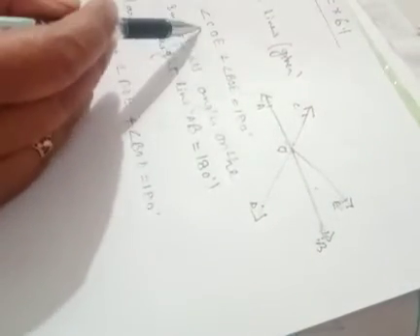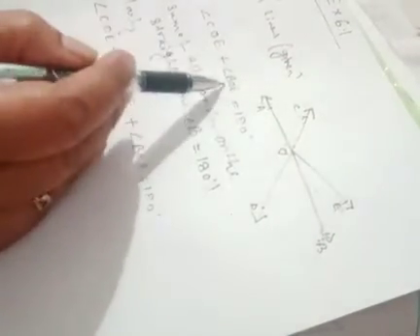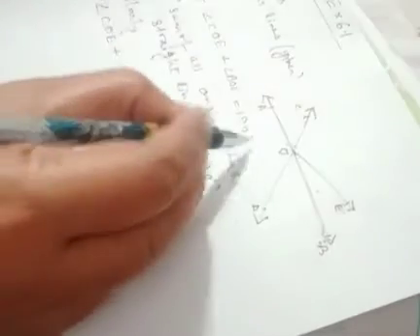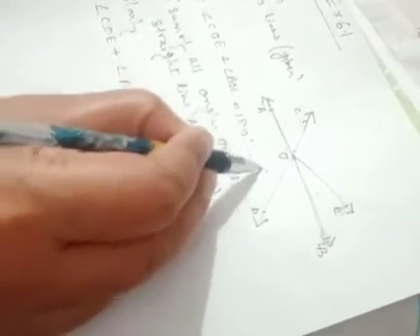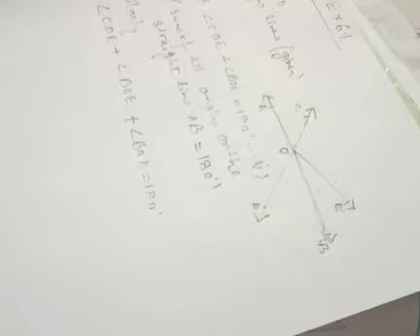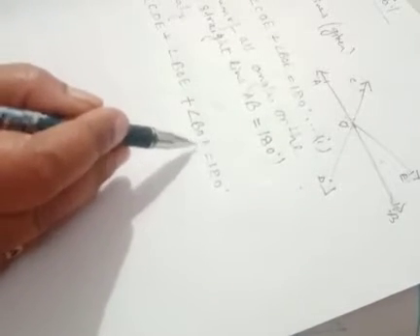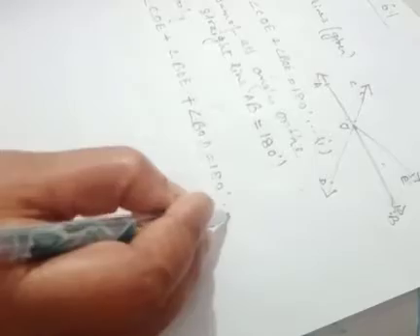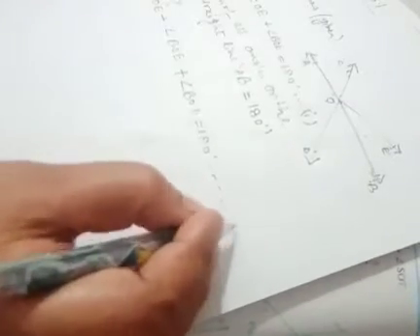So first, when you write angle AOC plus angle COE plus angle BOE is equal to 180 degree, give the equation a name. Give it equation number 1. Next, again I have written angle COE plus angle BOE plus angle BOD is equal to 180 degree. So give this equation another name, equation number 2.